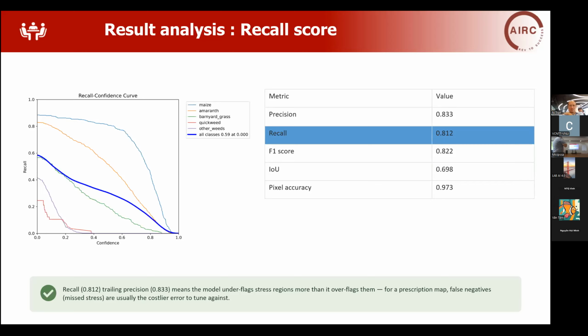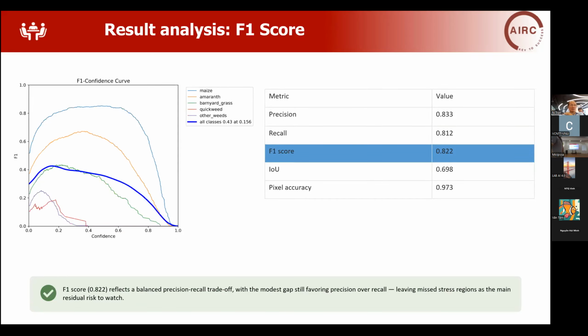What recall means is that it will model the flags and the stress, and cover every prescription map and every negative. The same goes for the F1 score. What the F1 score does is balance the precision-recall trade-off, and it fills the gaps between precision and recall.